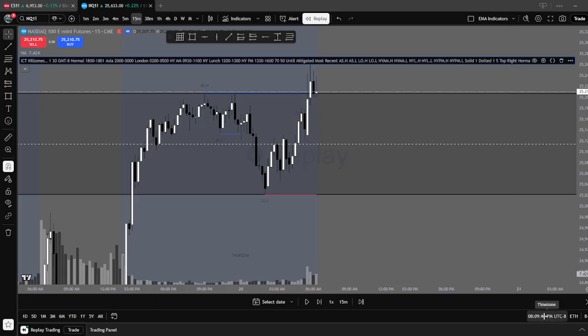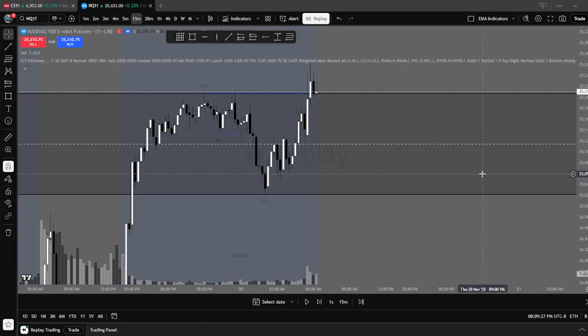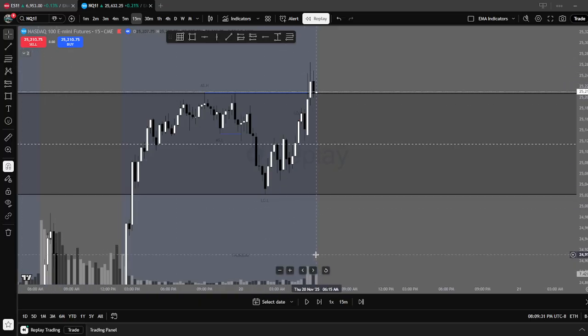Okay, so that's actually all good. It's just, can I make this so it's not so big, because I'd like to be able to see volume. Actually, I guess I can just see volume here.